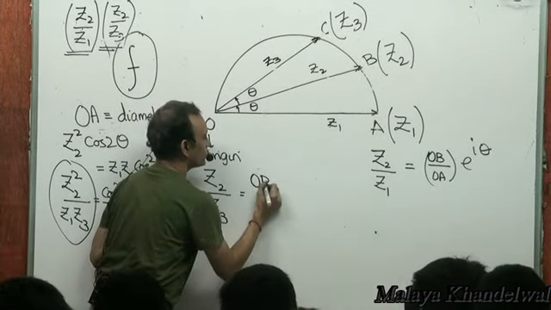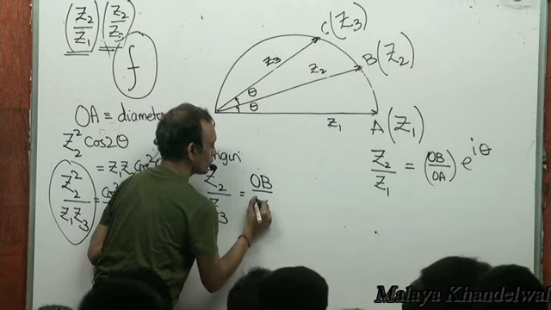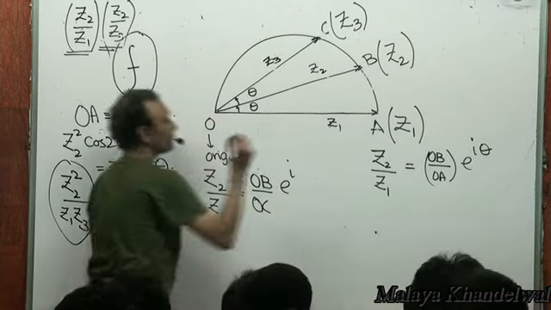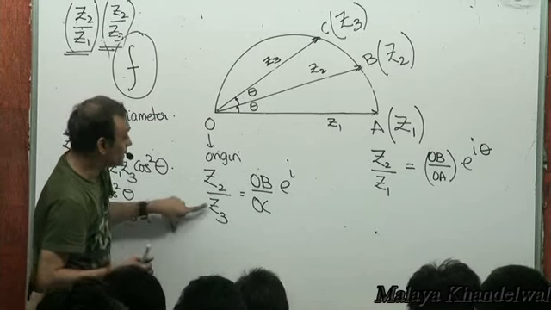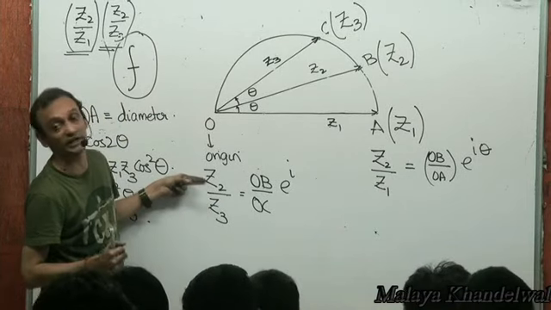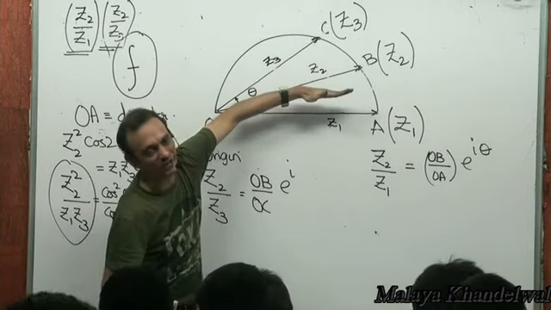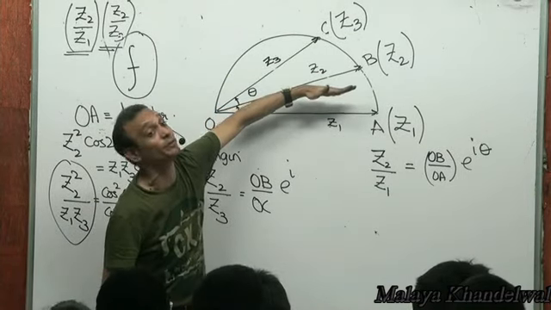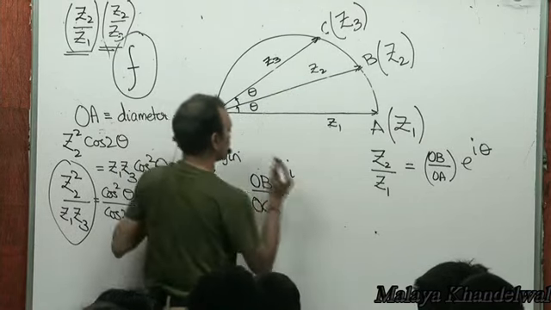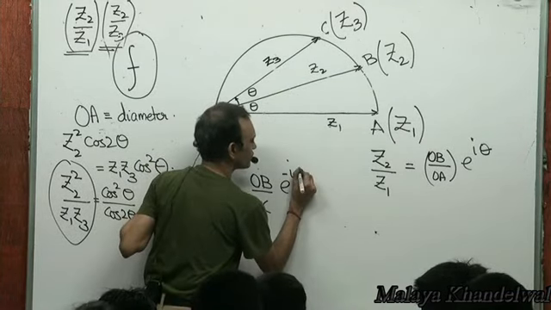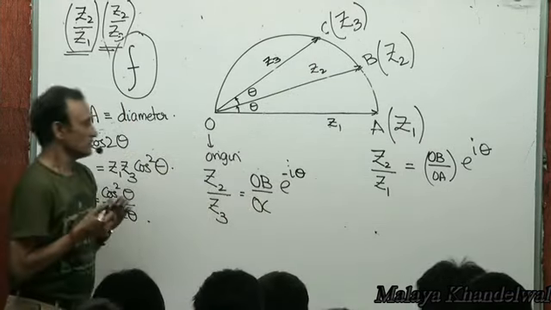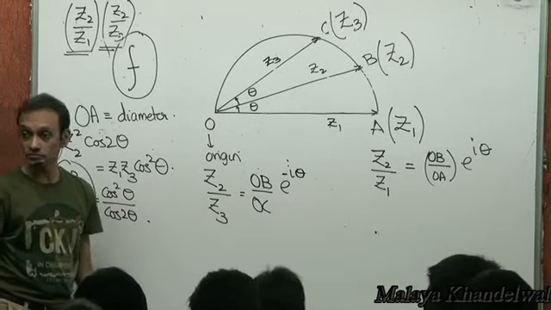So OB by OC e power i times the argument. Argument means the amount by which you must rotate z3 so that it coincides with z2. This is z3. You must rotate it clockwise so that it coincides with z2. So the argument would be minus theta. Very good. Yes or no?